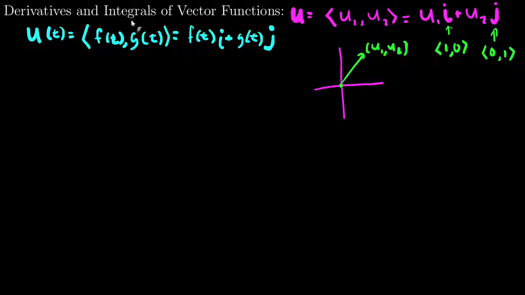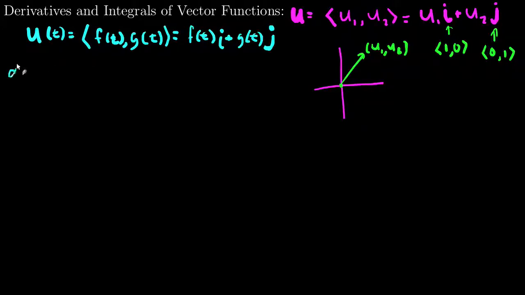And I don't care which notation. I actually usually prefer this notation over here, but I would say mimic the notation that's given to you in the problem. So if they give you the unit vector, use the unit vectors. If they give you the ordered pair, use the ordered pairs.